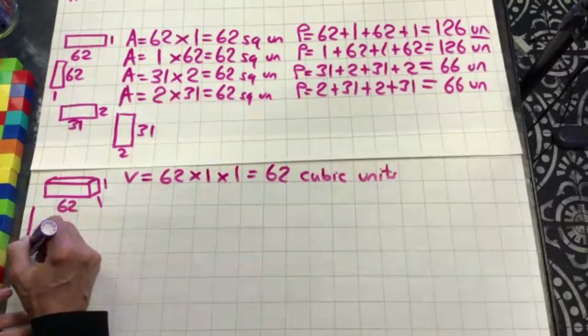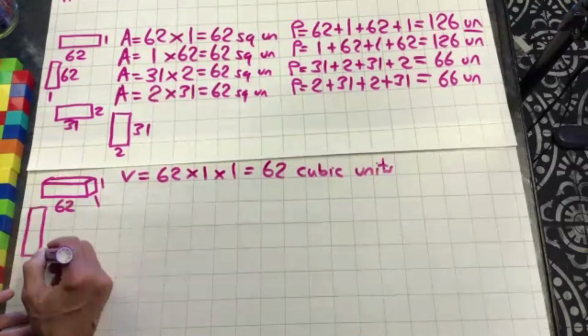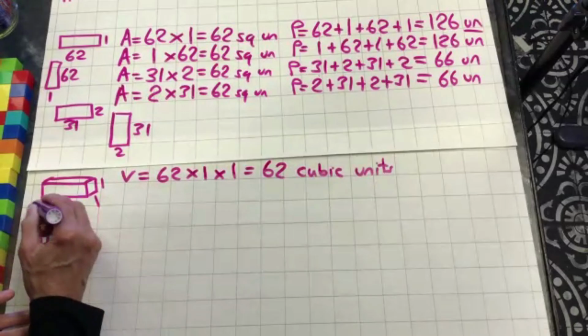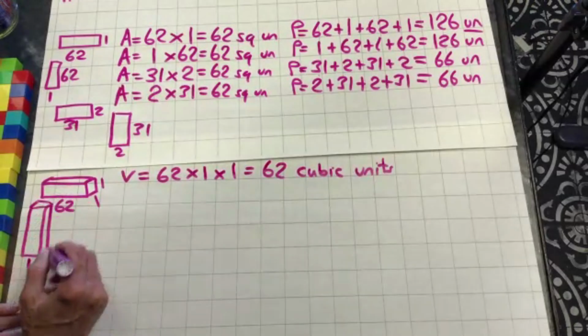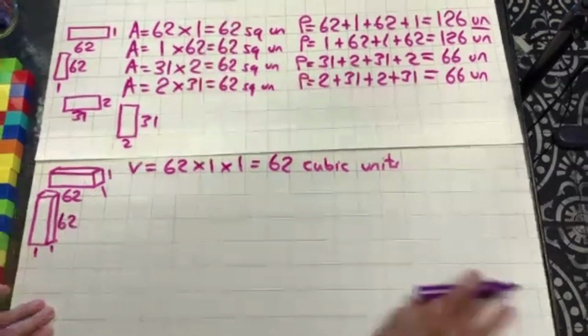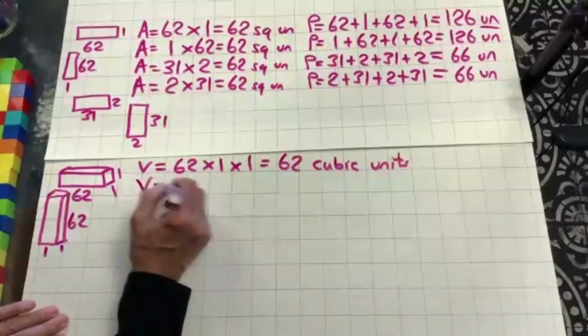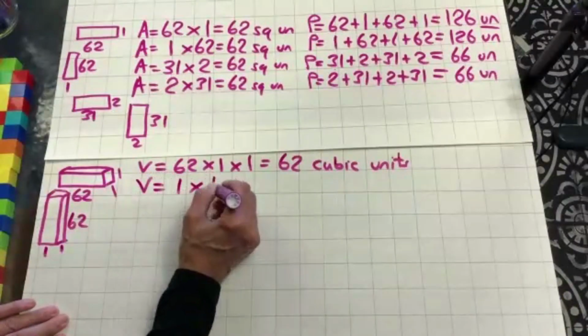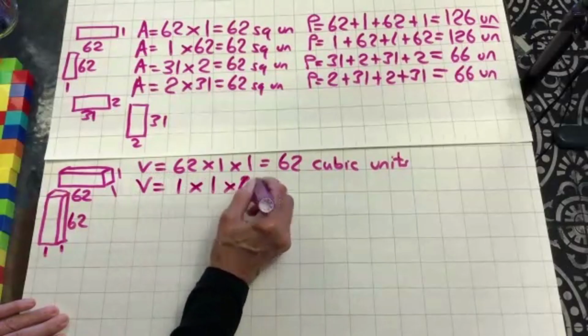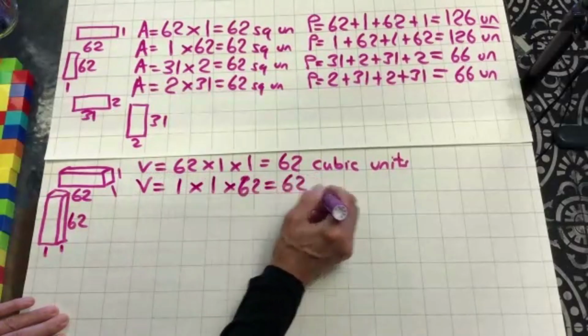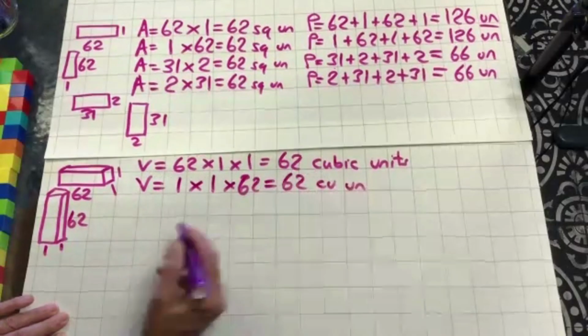Okay, and then we're going to stand it up. And we got a 1 by 1 by 62. So we have a 1 wide by 1 deep by 62 tall equals 62 cubic units.